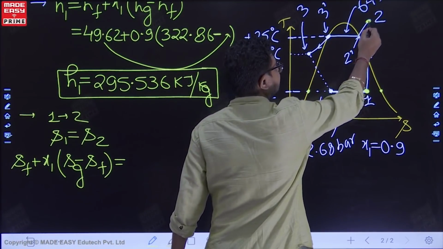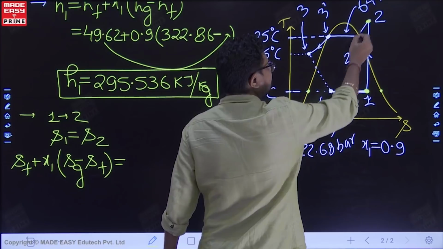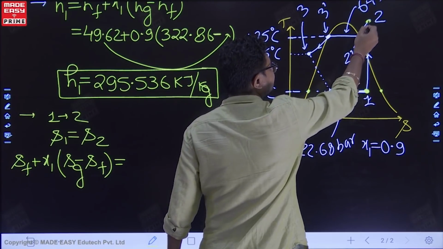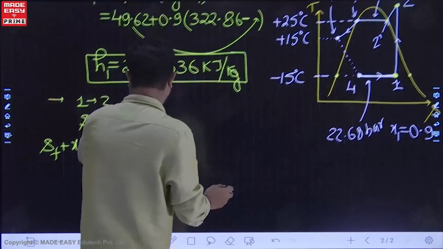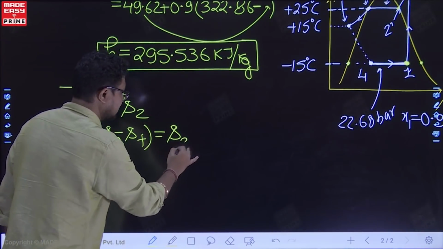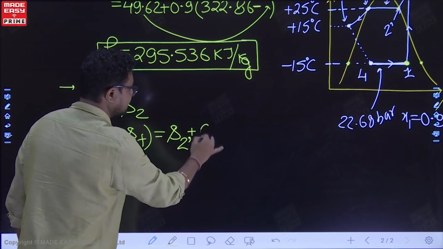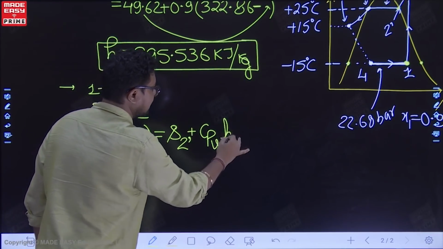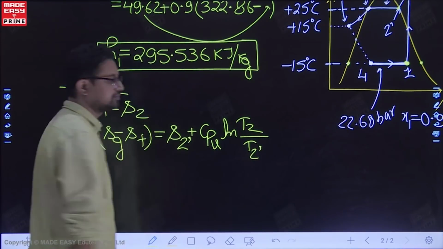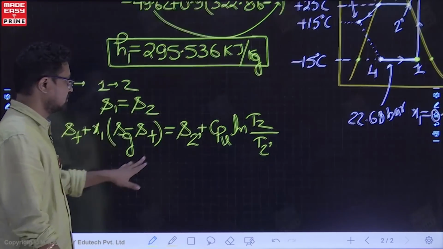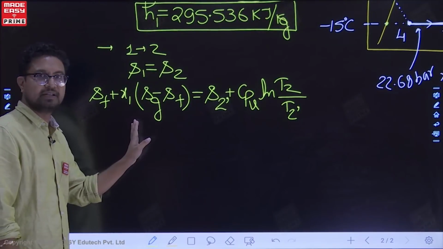For S2, we have already understood the formula in the superheated region: S2 is equal to S2 dash plus Cp vapor into ln T2 upon T2 dash. So this is the equation.